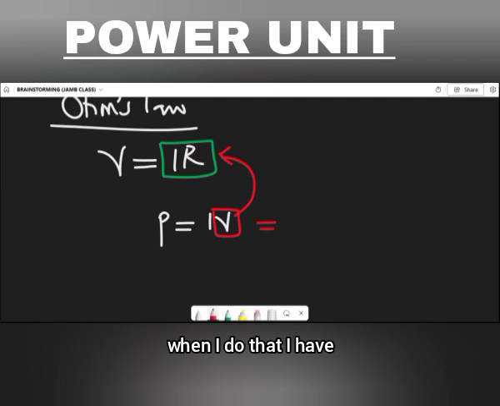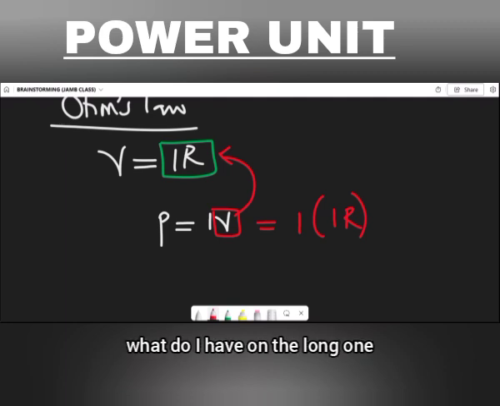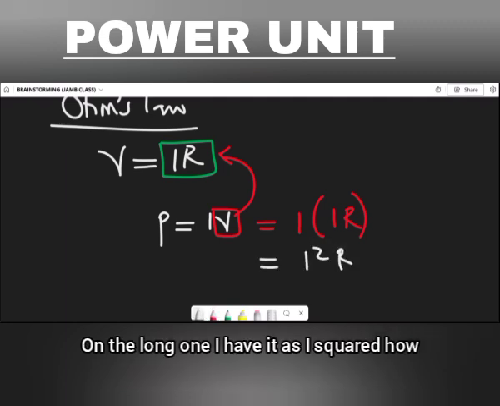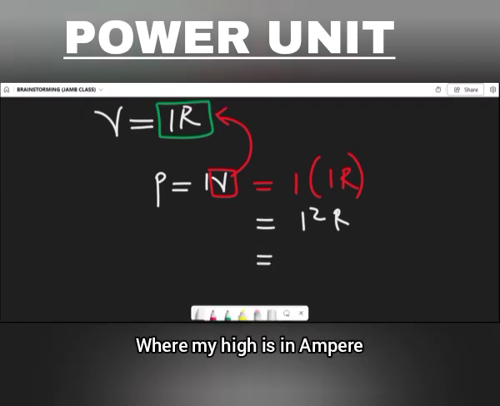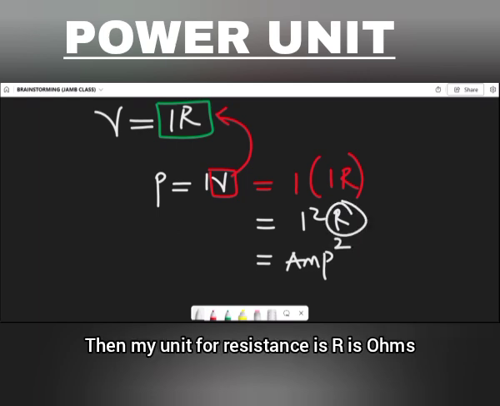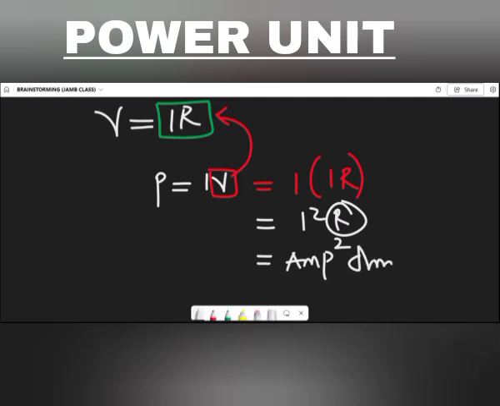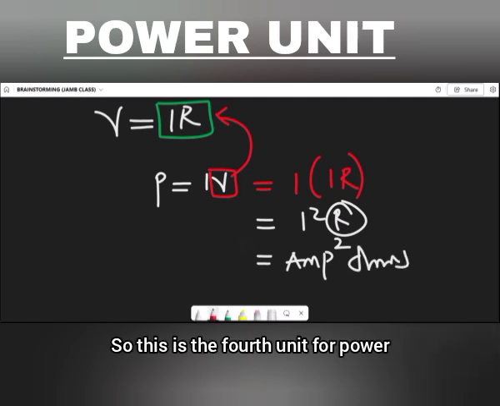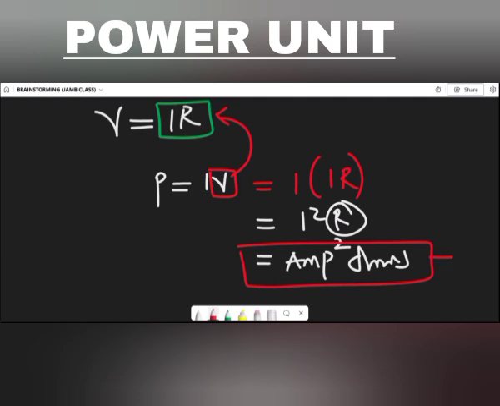When I do that, I have I in the bracket of IR. So what do I have in the long run? I have I squared R, where my I is in ampere, so I will say I is ampere squared. Let me put it in short form like this. Then my unit for resistance, which is R, is ohms. So this is the fourth unit for power.